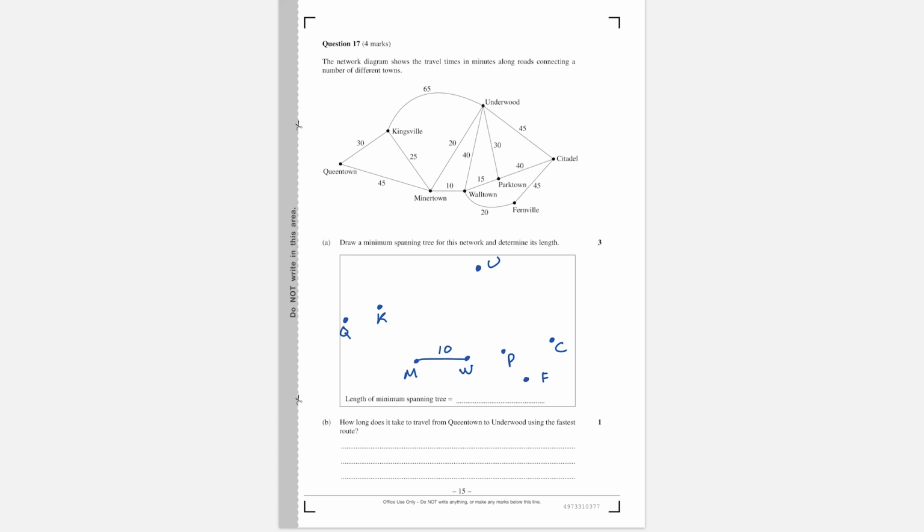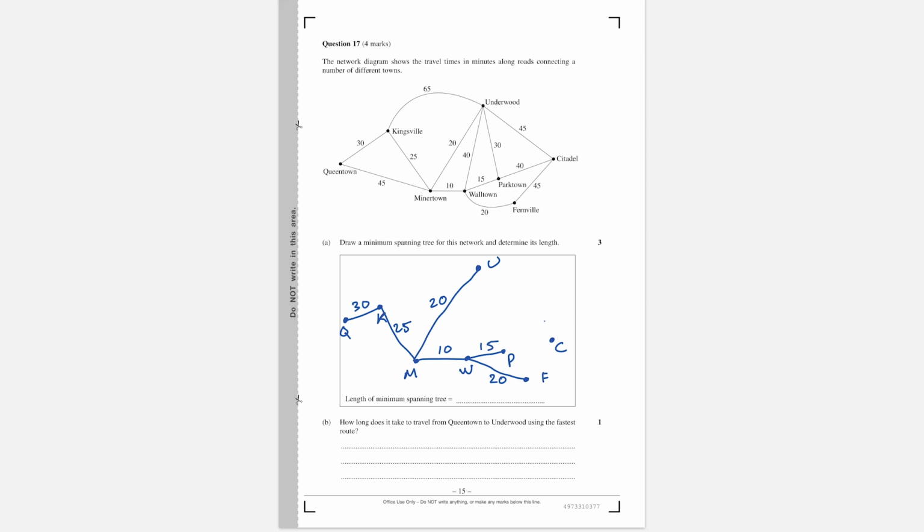All right, so to create our minimum spanning tree, we start by putting in the lines that have the shortest length. So that's going to be 10, then 15. Then our next biggest number is 20, connecting W and F, 20. And then we have 20 here, connecting U to M. And then we have 25, connecting K to M. And then we have 30, connecting Q to K. Okay, and now with C, we have three options.